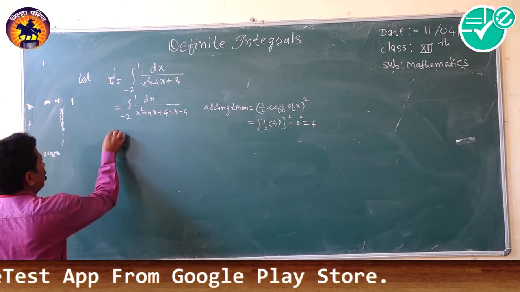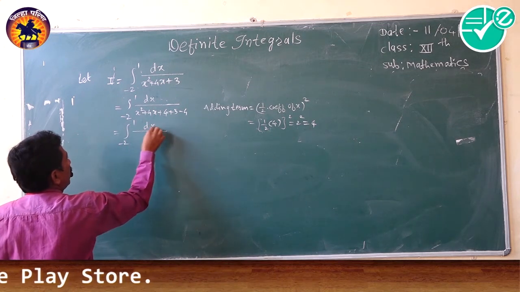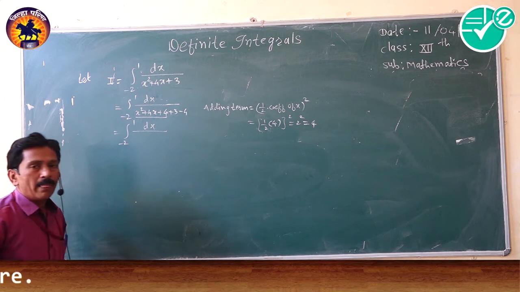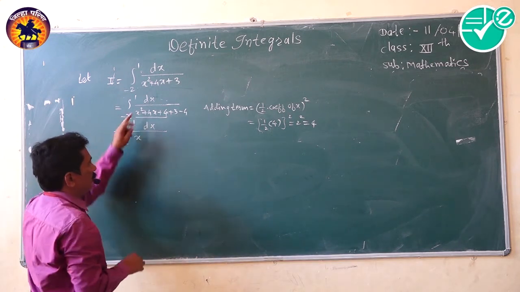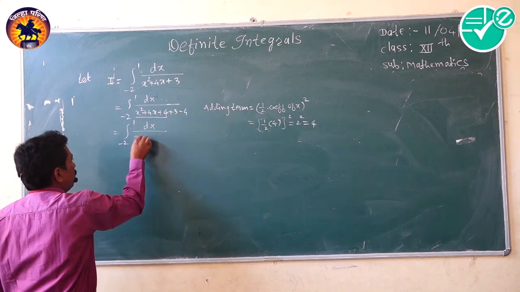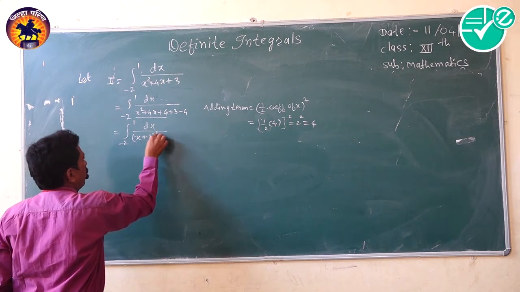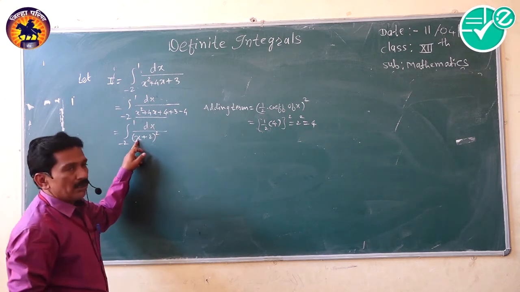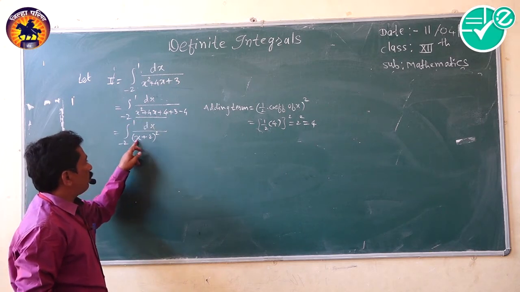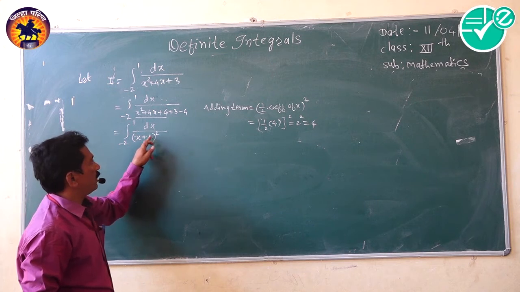This will become integration from minus 2 to 1 dx upon, for this we can take here the square root of x square, that is x, plus sign from this, and the square root of 4 is 2, and take the square of the bracket. Now how it comes: first term square x square, product of these two 2x, twice that 4x, and square of the second term is 4.